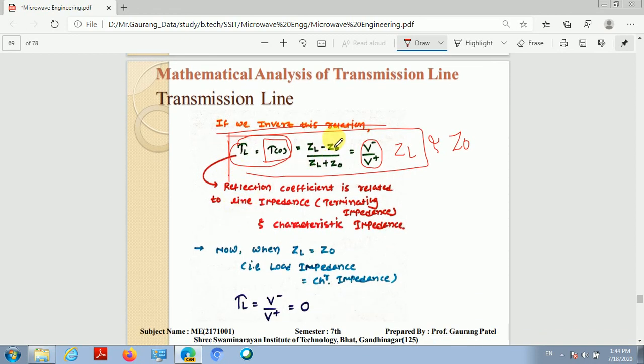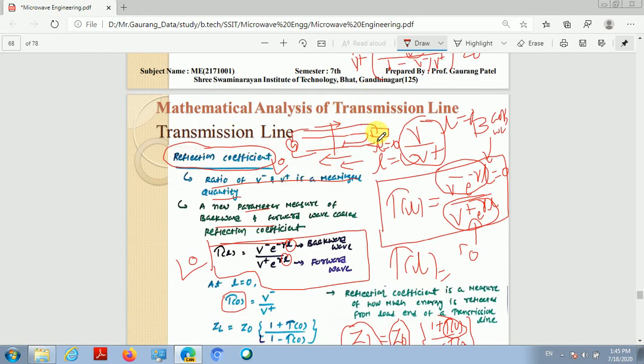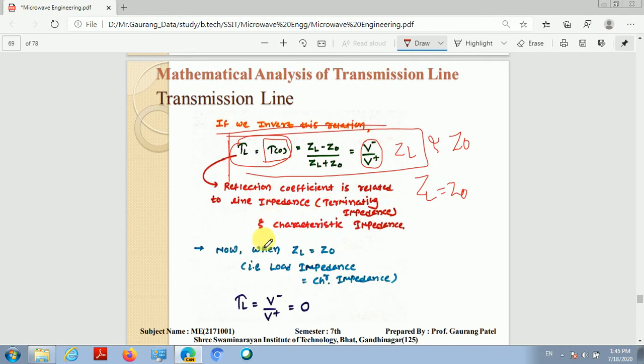In a very special case, if we consider ZL is equal to Z naught, that is, the impedance with which we terminate the line is equal to the characteristic impedance, then this reflection coefficient will become 0.